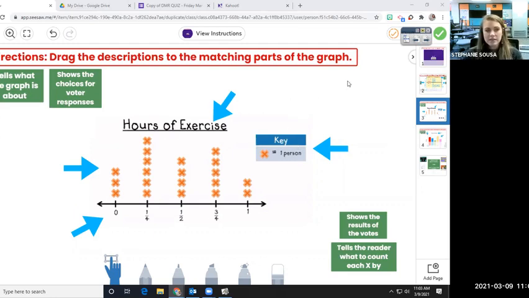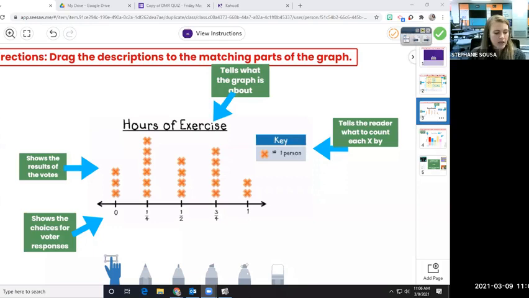Show which one is the title, the key, what it does, what's the data, what's the categories, and you're going to do this in a breakout room, okay? We will check your answers when you get back, but here you go. Correct answers. This is where you should have placed each item. Check your screen, please.